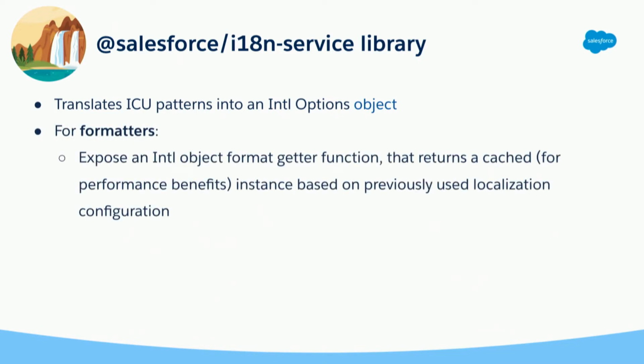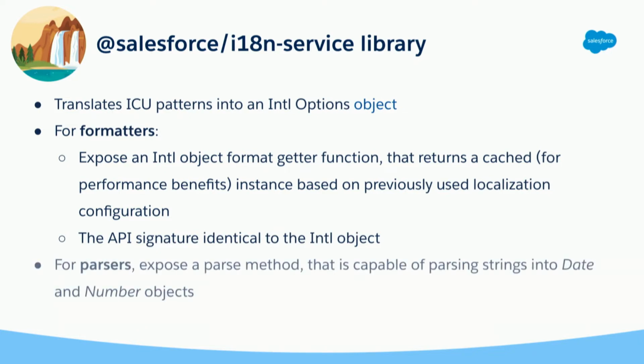For formatters, we wanted to expose the Int'l object format getter function, and we wanted to have caching there, so we wanted to be optimal. This object was cached, and after the first use, it would be reused. The API signature was identical to the Int'l object. And for parsers, we just wanted to expose the parse method that is capable of converting strings into date and number objects.